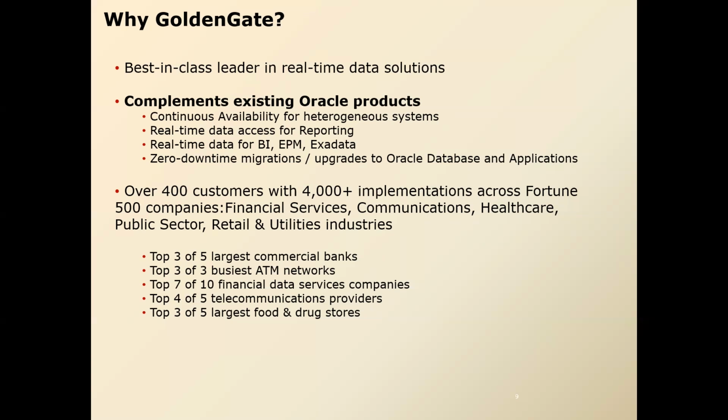When I talk about RBS, Royal Bank of Scotland, Bank of America, CIBC, Scotia, they are using Goldengate. Same way, top telecom providers like Vodafone, AT&T, Sprint, British Telecom, they all are using Oracle Goldengate. Airtel. So everyone is using Oracle Goldengate now.